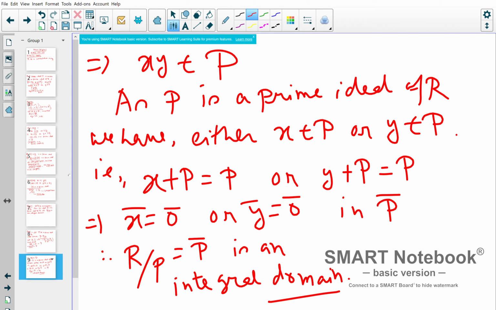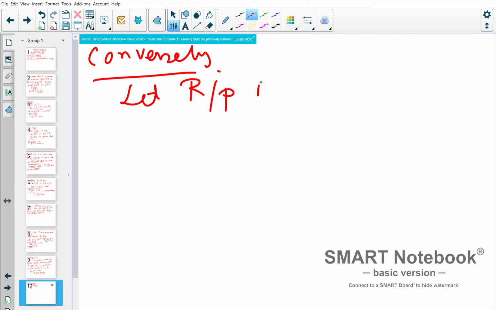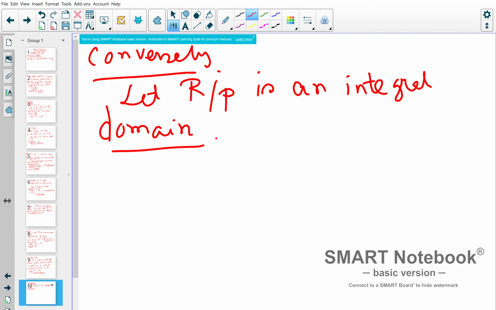Right. And conversely, you need to give the converse part also. So conversely, let R mod p be an integral domain.